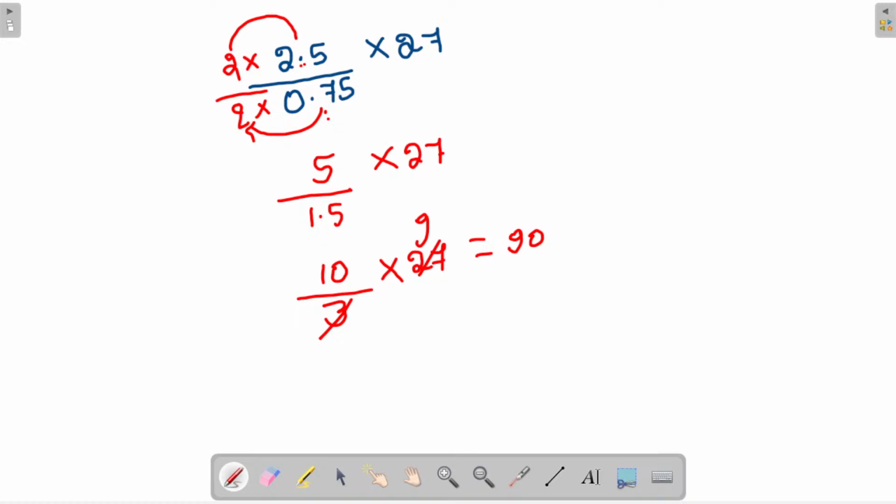Next heading: multiplication by 25. I want the answer for 128 into 25.